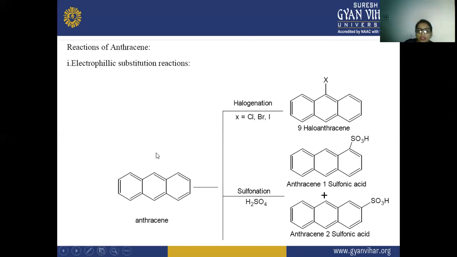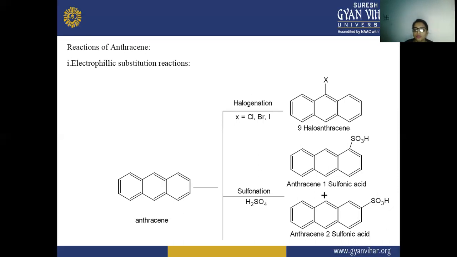When this halogen attacks the ninth position, the hydrogen present on this carbon is substituted and removed from here. So it becomes 9-haloanthracene, meaning on the ninth position there is a halogen. That is why its name is 9-haloanthracene.